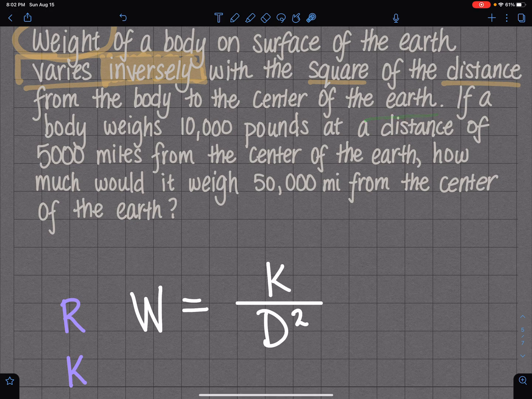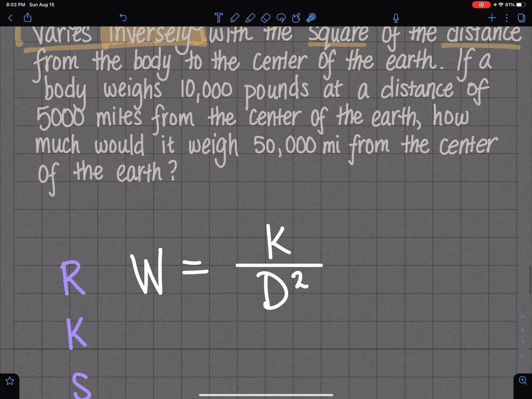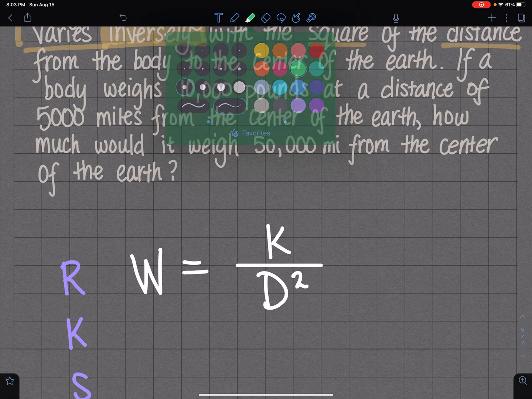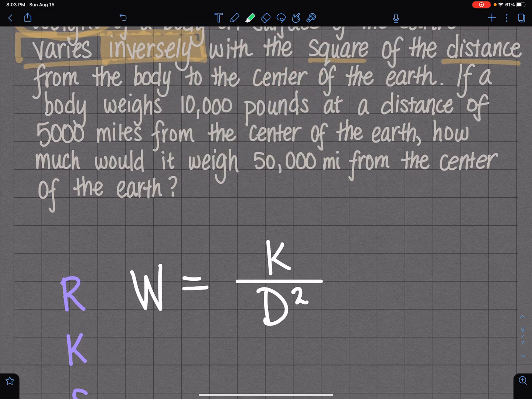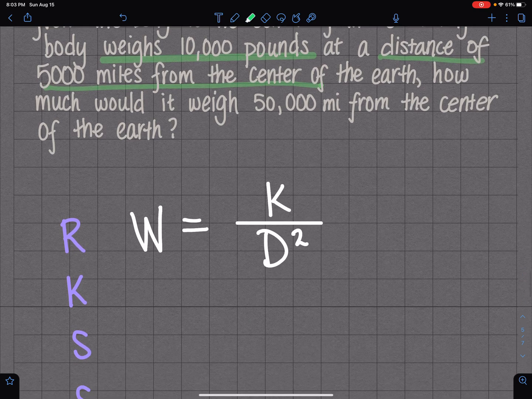And the distance is the distance from the body to the center of the earth. Okay, now, if a body weighs 10,000 pounds at a distance of 5,000 miles, so they are giving you some information there to solve for k. I'm going to start plugging those things in.